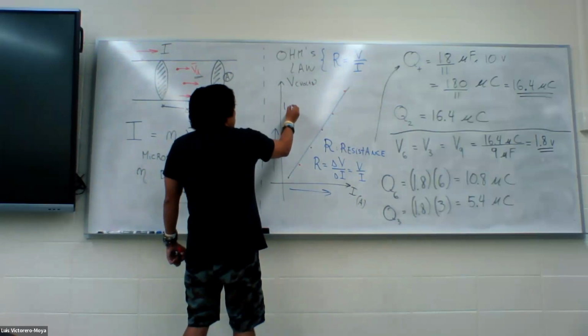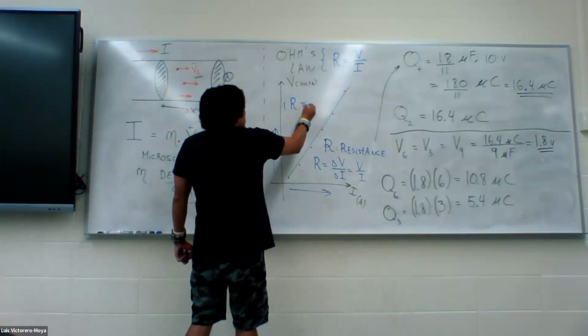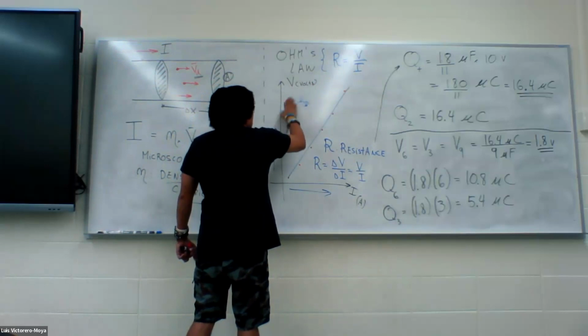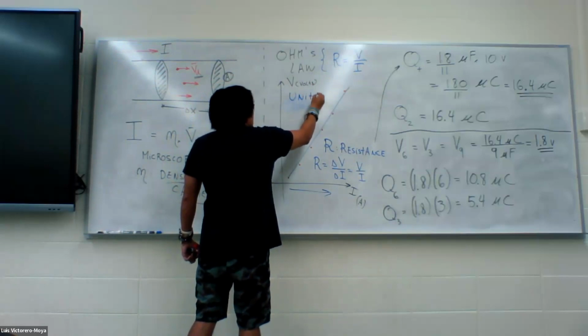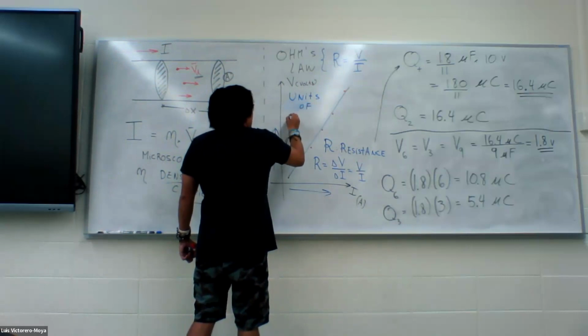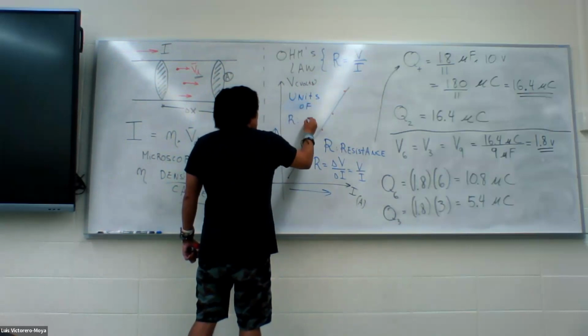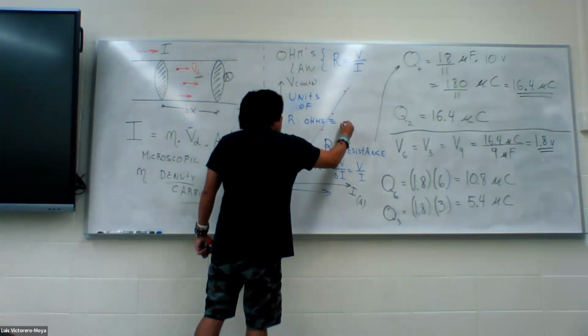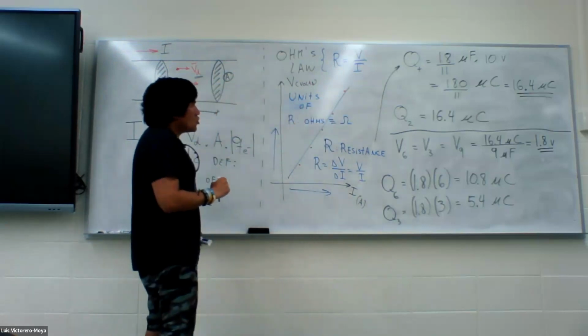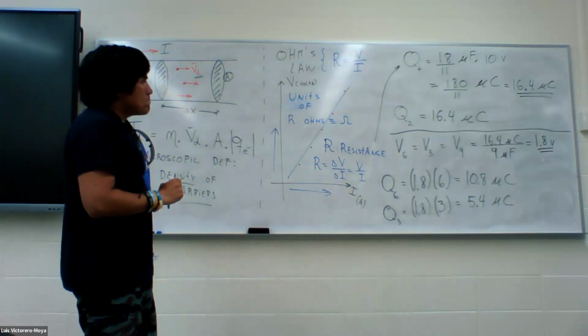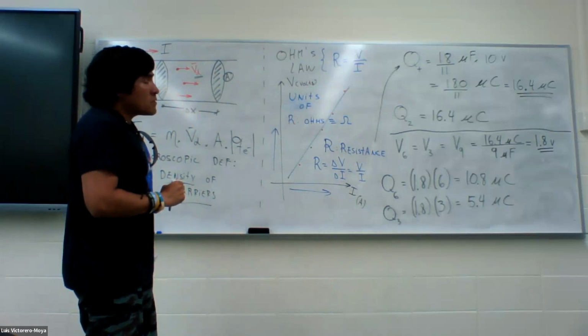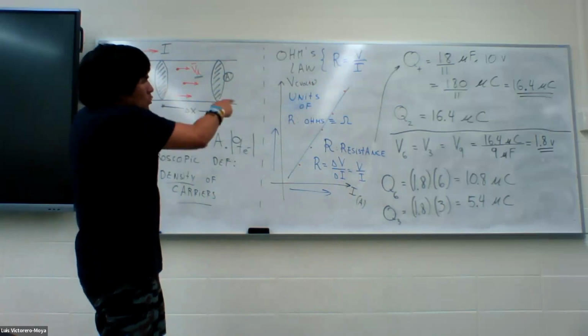So the units of R are in ohms, which are equivalent to the horseshoe, like that. That's Ohm's law. That's what you will find.